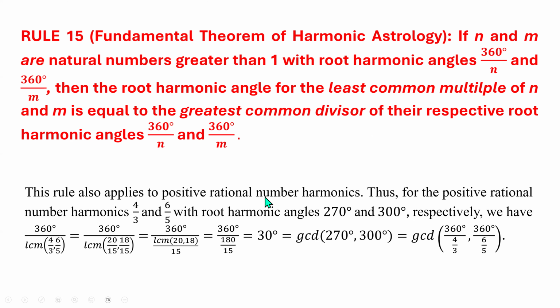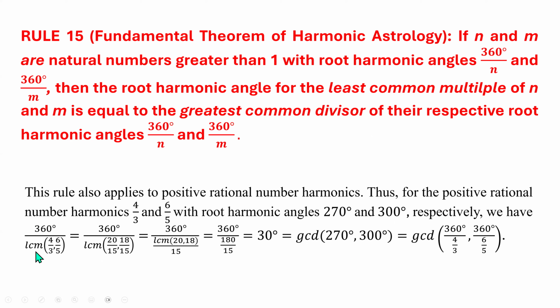And this rule also applies to positive rational number harmonics. So if I look at 4/3 and 6/5, the root harmonic angles for these are going to be 270 degrees and 300 degrees. And the greatest common divisor of 270 degrees and 300 degrees is 30 degrees.